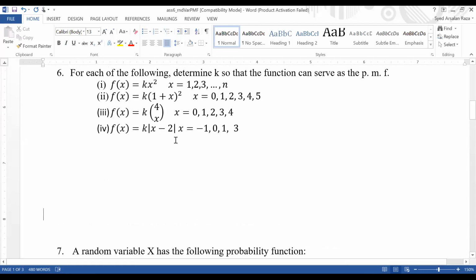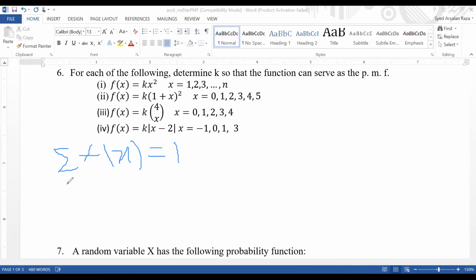We have to use this equation to find out the k. One part I am just representing, not completely solving. It is part 3. Sum of fx is equal to 1.